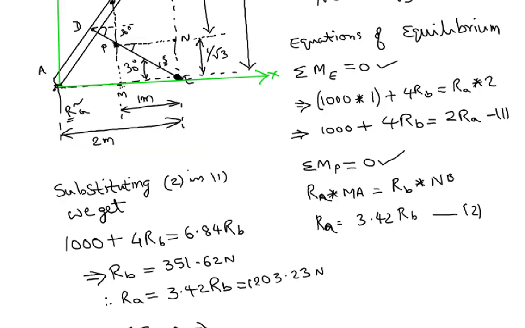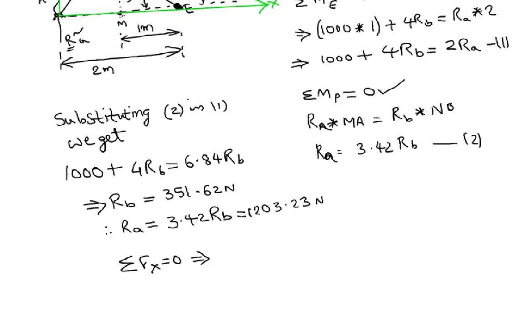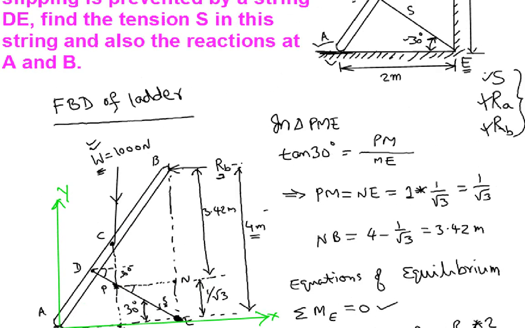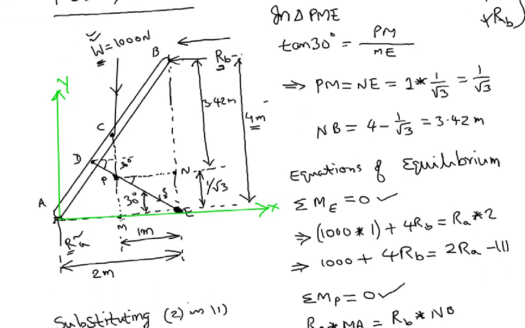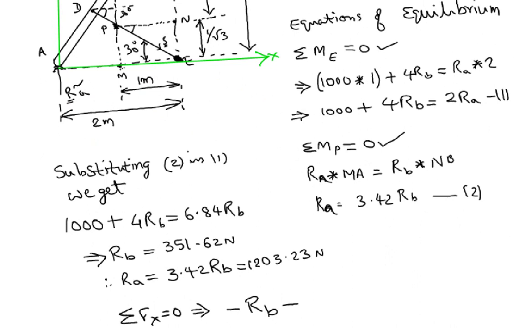The component of RB along the x-axis is minus RB, because its direction is opposite to that of the x-axis. The other component comes from the force S, and this is positive.